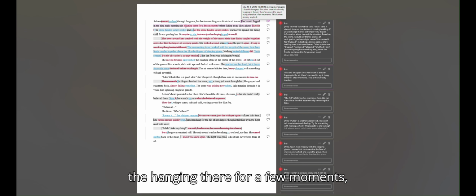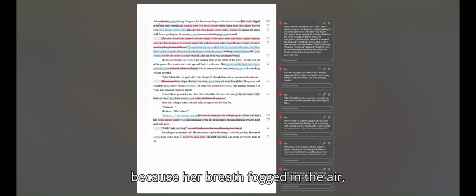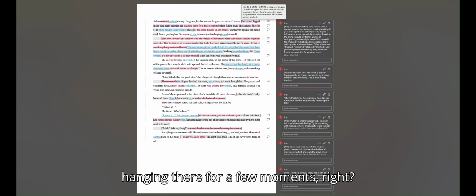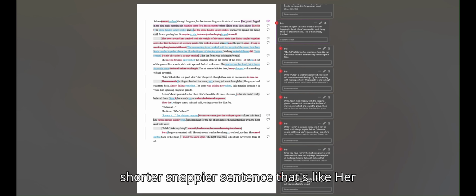Here I cut the hanging there for a few moments, because her breath fogged in the air already suggests that it's hanging there for a few moments, right? That already gives us that imagery. So there's no need to really repeat that here. So then we can just have a shorter, snappier sentence: her breath fogged in the dim early morning air before fading away like a ghost.